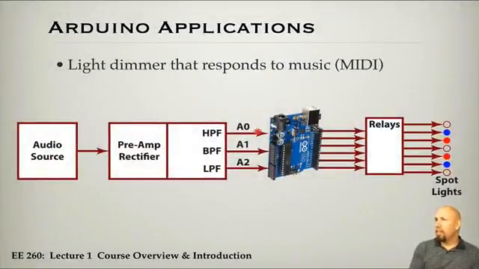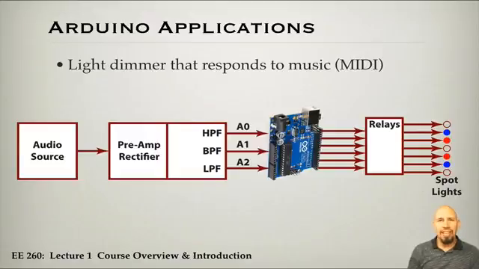We can, for example, have a light dimmer. We have, say, a bank of spotlights we want to control. We want to control them based on the music. So we have over here the audio source that goes through some signal processing and high pass, band pass, and low pass filters. And those each are used by the Arduino to control these lights through relays.